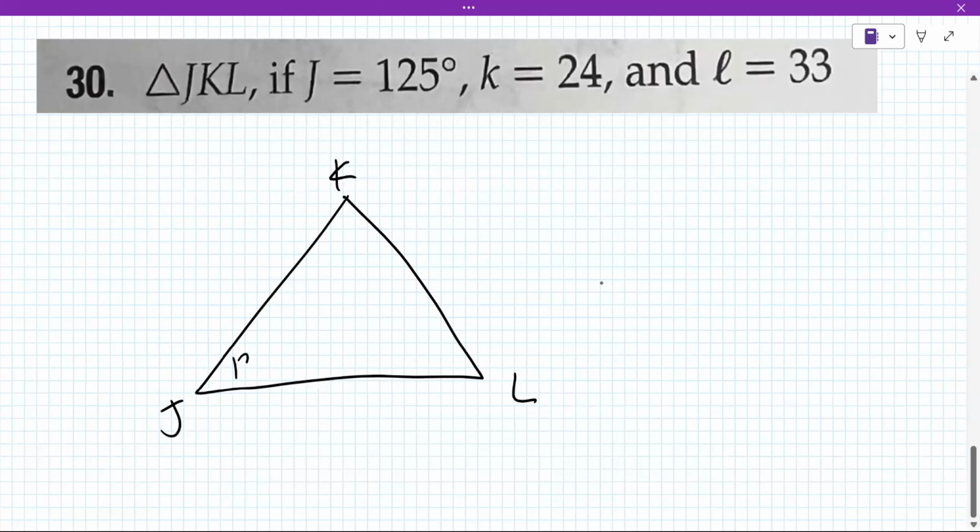J, K, L: 125 degrees. That's little j. Little k is 24. Little l is 33. So you're solving for j this time. Do you want to give that a try? The setup.